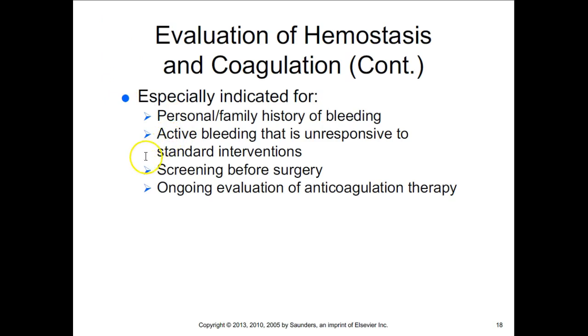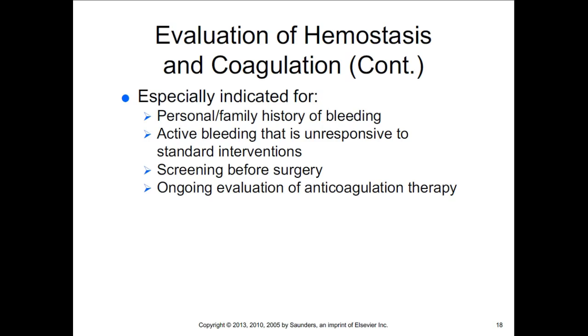And then active bleeding, right? That is unresponsive to standard interventions. Screening before surgery. So I'm sure that you've had that question asked: have you had surgery before? Part of the reason why they ask is so that if there's anything of difficulty clotting, we know that, and that's noted in your chart.